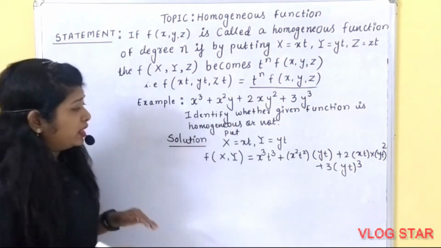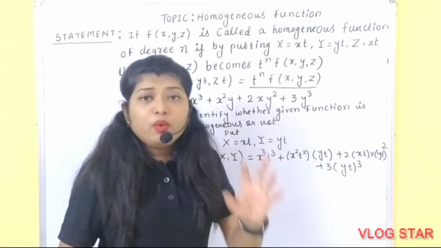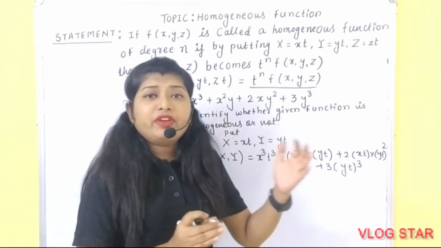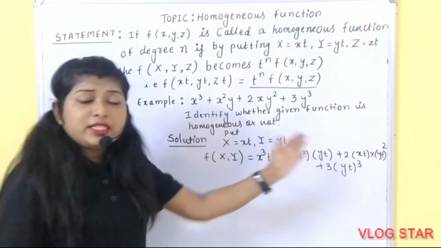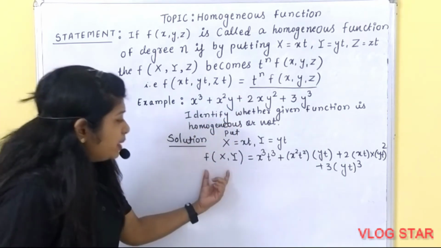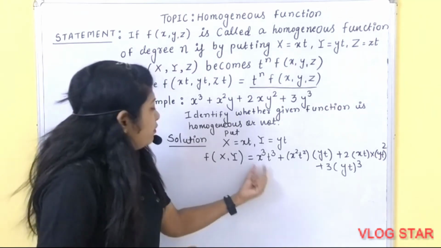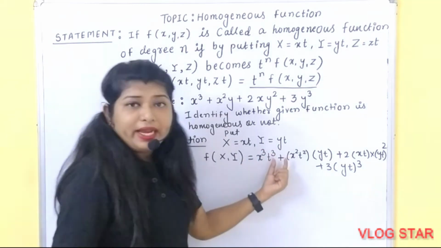I hope you have understood step number 1 related to homogeneous function. First you have to identify whether the given function is for 2 variables or 3 variables. In this question, x and y terms are given. So f of x comma y, we substitute x equal to xt, y equal to yt.